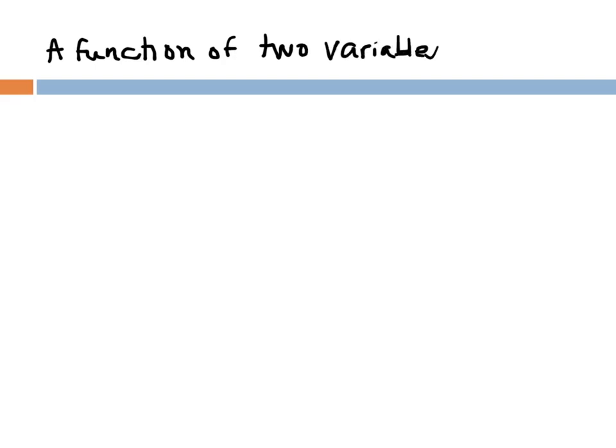So the first one that we're going to look at is a function of two variables. So what is a function of two variables? Well, this is a rule that assigns one output.